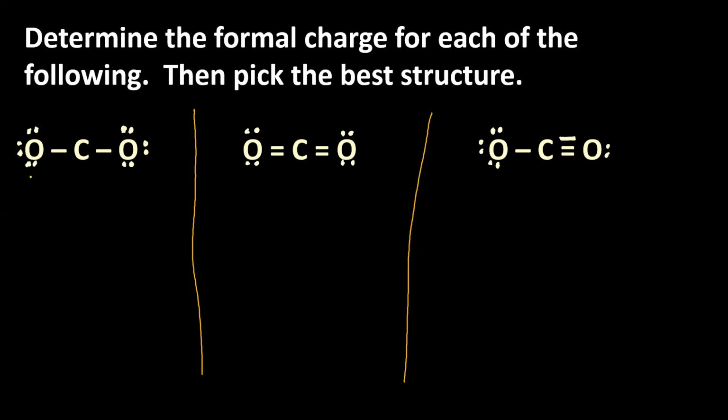What's oxygen's valence number? 6. How many bonds are touching that oxygen on the left there? How many bonds? Not meant to be a trick question. How many bonds are touching that oxygen? 1. So I'm going to subtract 1. Yeah, 1 bond right there.